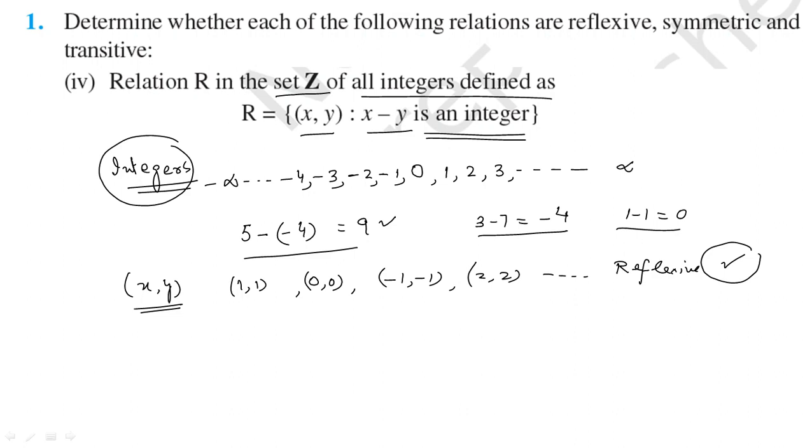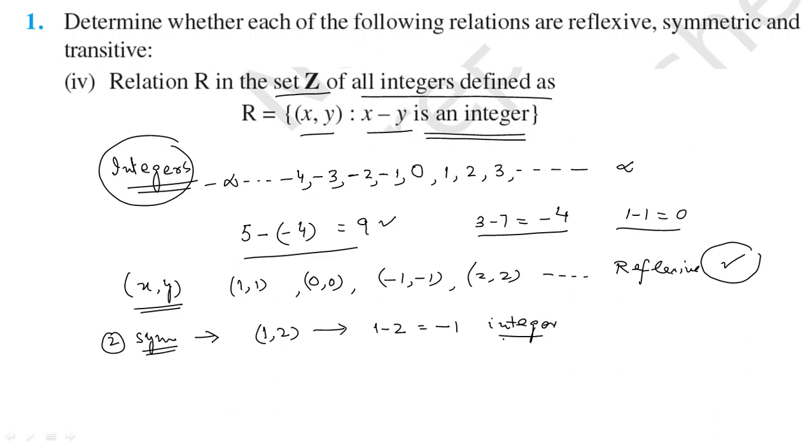Now what about the second part? Second part is symmetric. If I am talking about symmetric nature, xy, if I am writing 1, 2. Now what is the meaning of 1, 2? The condition is 1 minus 2, answer is -1, it's integer. This one is the condition.